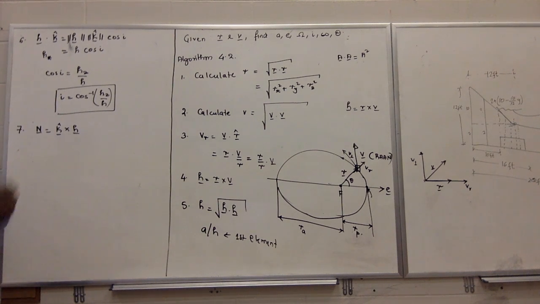Yes. If I do the other way, H cross K, it will go in the other direction, so it's descending. This is the equatorial plane. It's ascending from that point forward, and then this is going down.